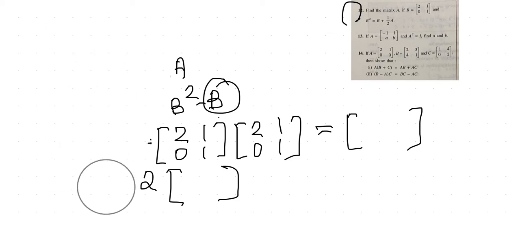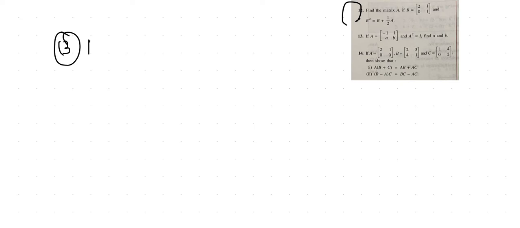So in question number 13, the question says, see, you have been given A is equal to minus 1 A, 1 and B, and then A squared is equal to I. Okay, so A squared will be equal to how much, children?